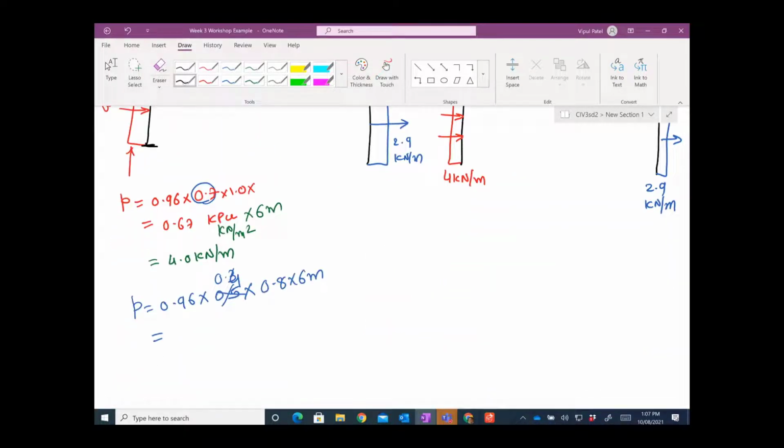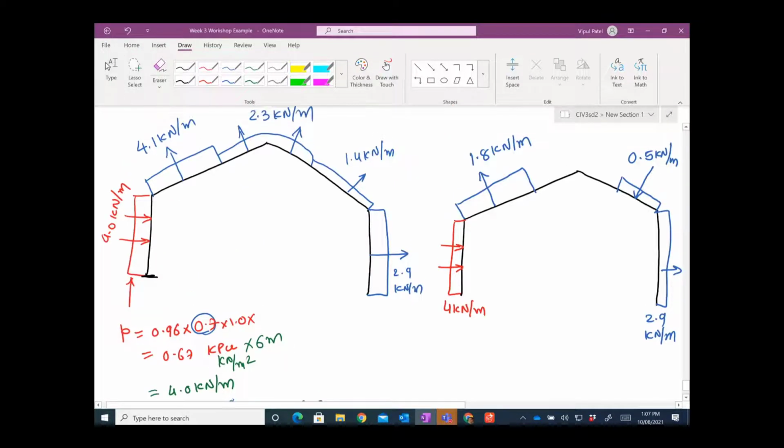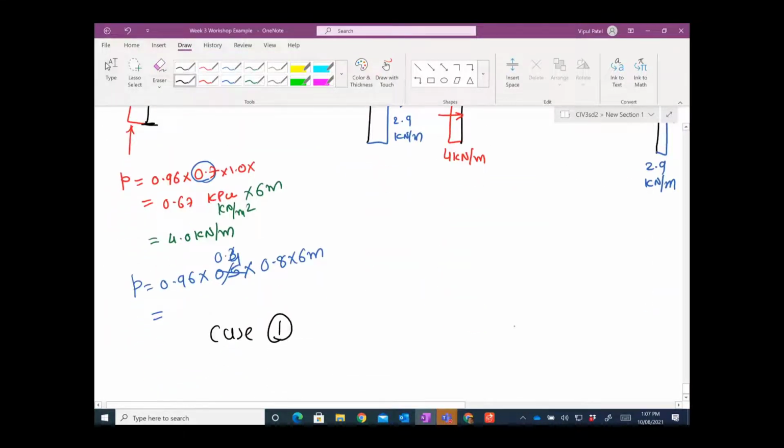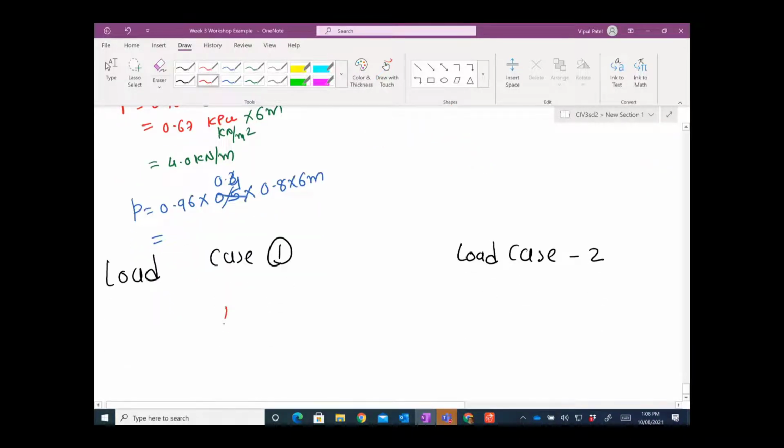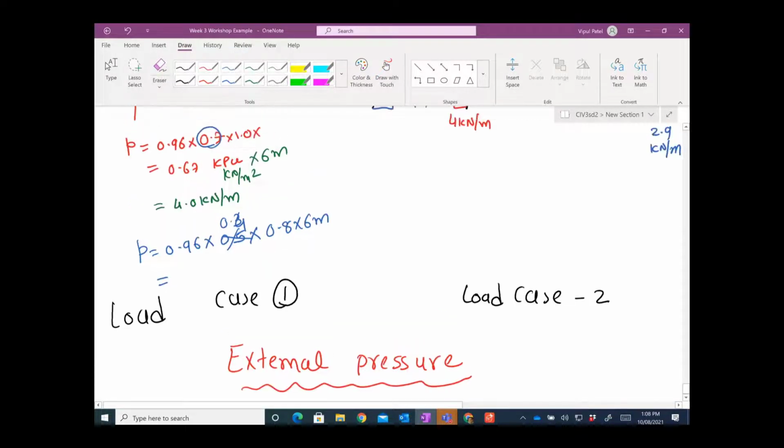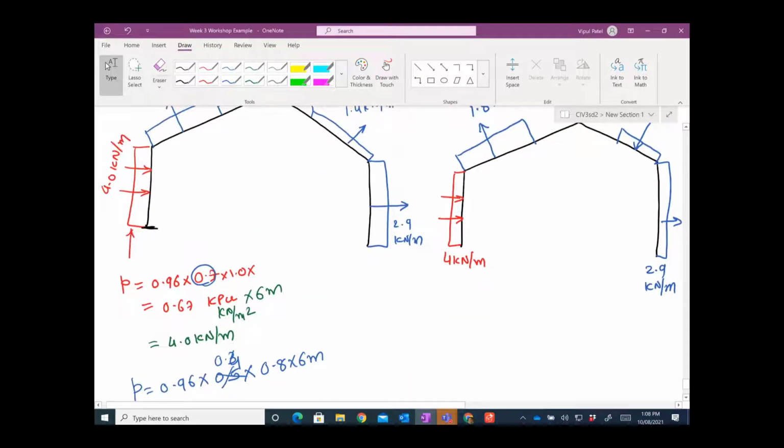Because this is case number 1, where you have this roof taken 0.9 and so, and there is a case number 2. This is load case, by the way. Load case 1 for external pressure only. Load case 2, and that is just for external pressures only. External pressures, and look, external pressures vary on the windward wall, leeward wall, and this one. So basically always windward wall pressure is positive.